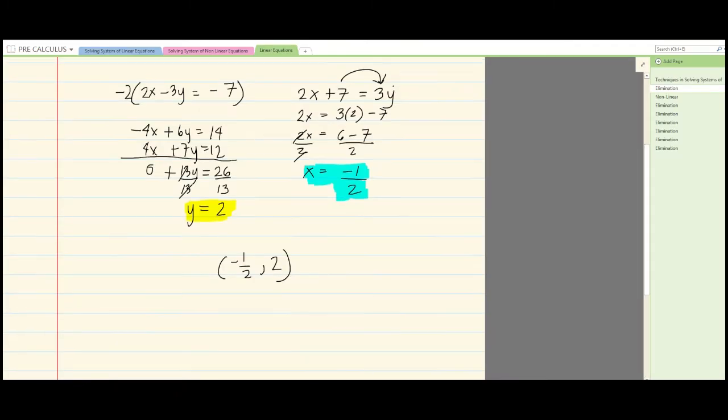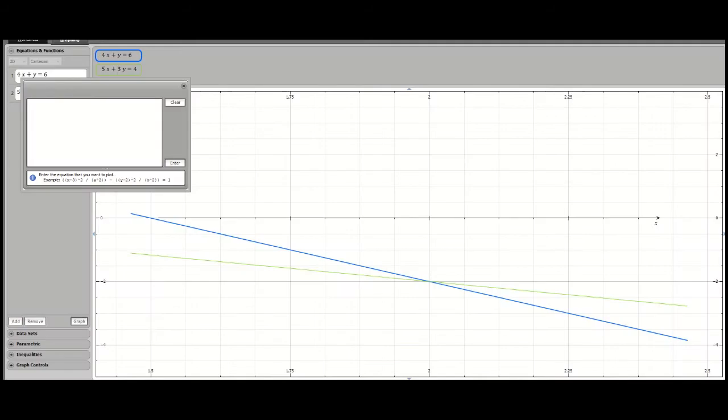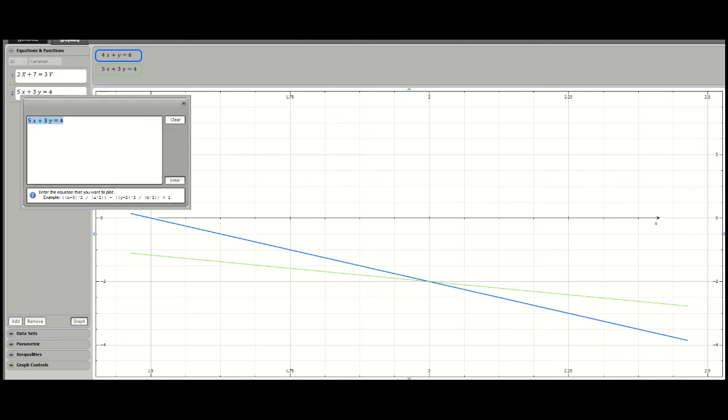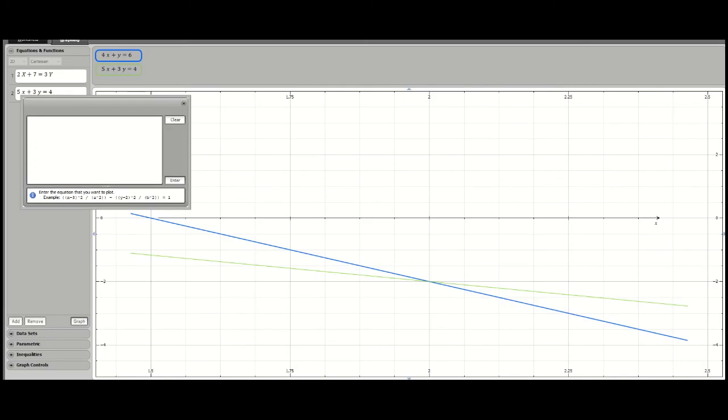Our first equation is 2x plus 7 equals 3y. Enter. Then let's enter the second equation, 4x plus 7y equals 12.